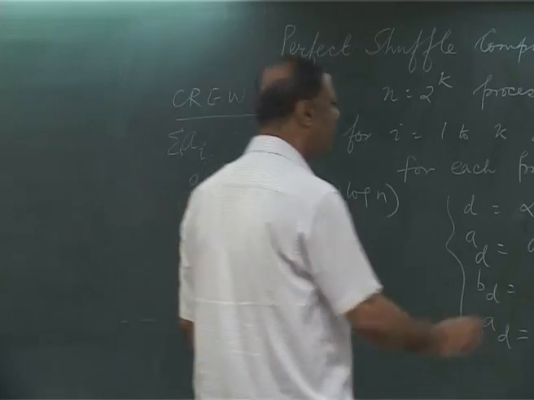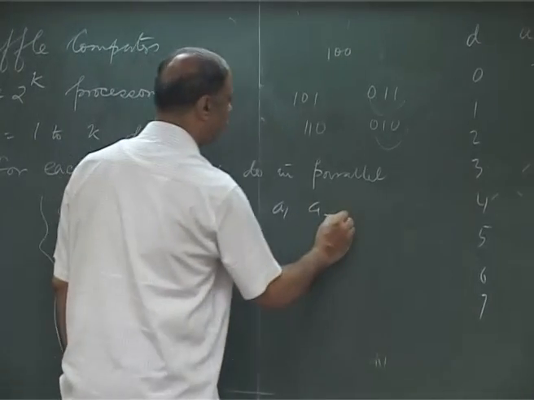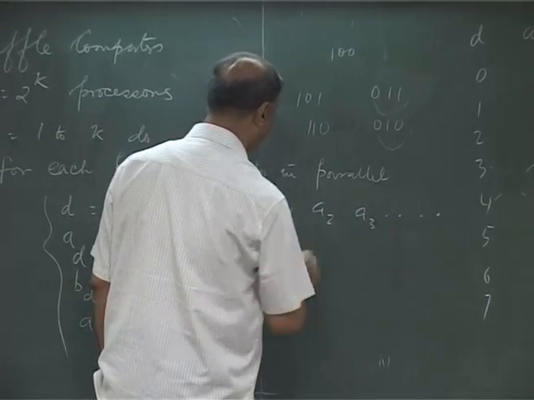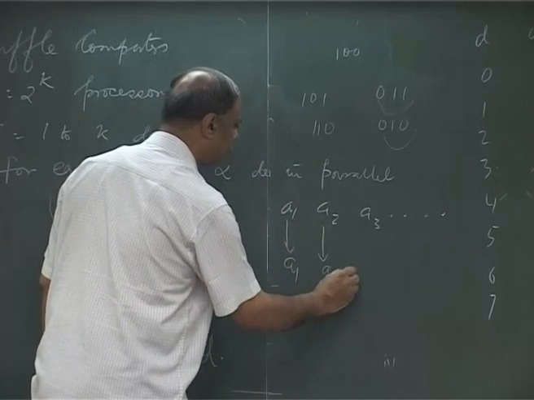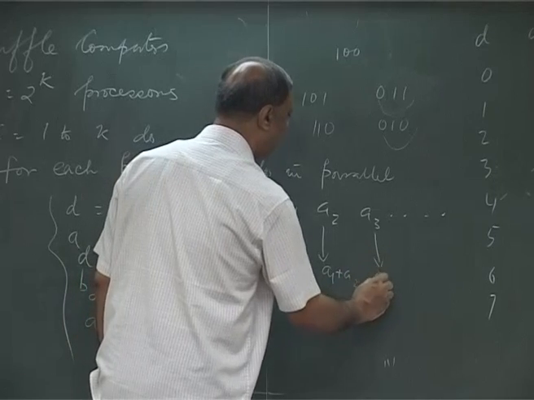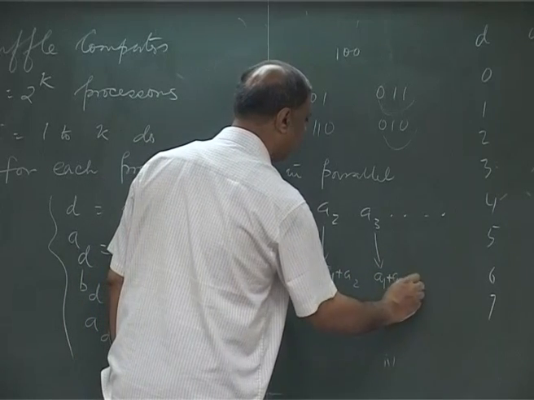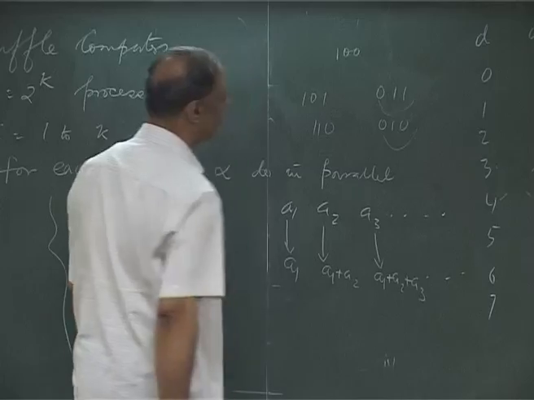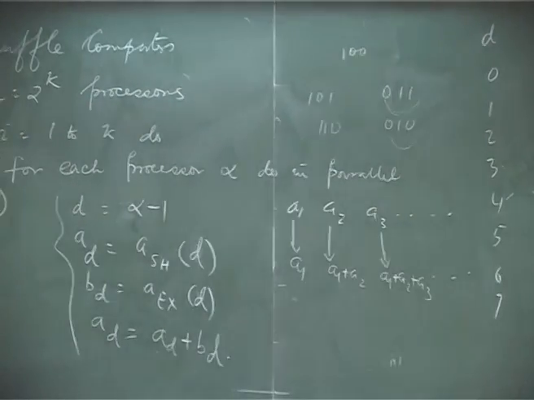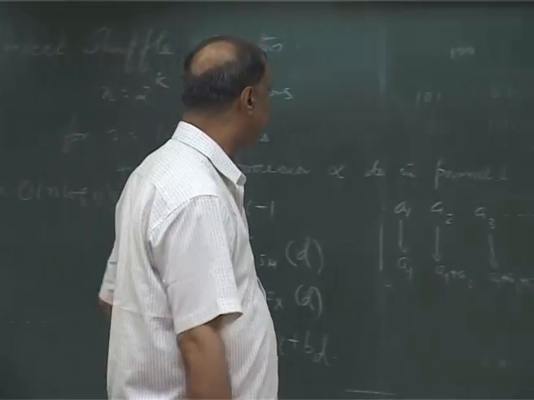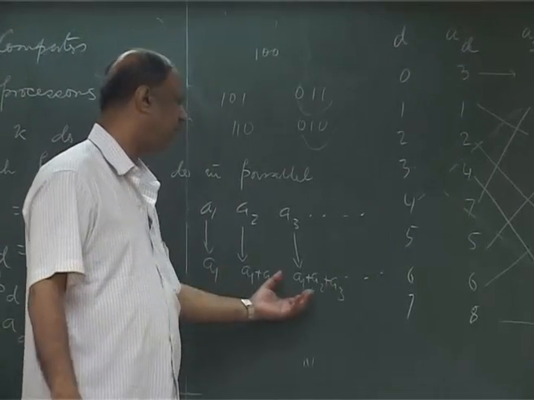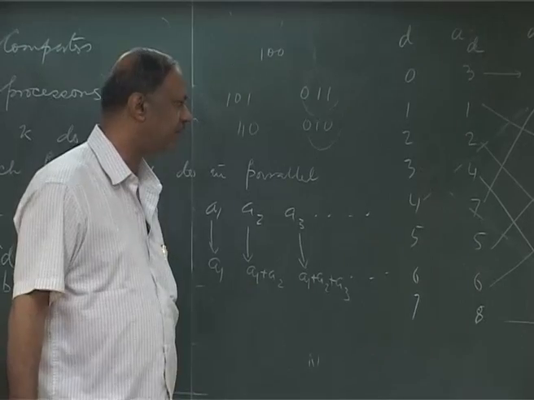Basically, you have A1, A2, A3 and so on. I want to replace A1 by A1, the next by A1 plus A2, the next by A1 plus A2 plus A3, and so on. So please try at home, if possible, given n elements, to find the cumulative sum of these n numbers.